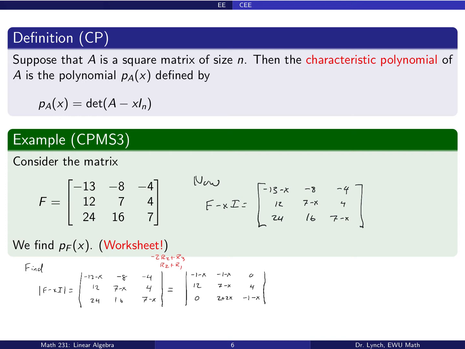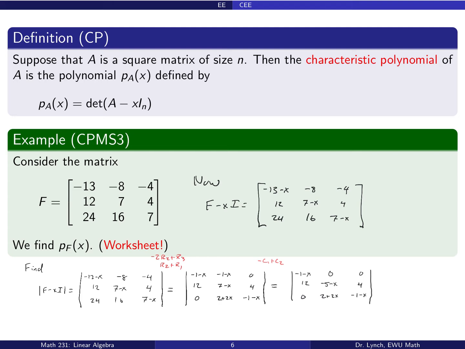Now, once we do that, we can introduce one more zero by taking negative column 1 plus column 2. So we've now introduced almost a row of zeros across the top, and we should be able to find that the characteristic polynomial, the determinant of F minus xI, simplifies pretty quickly in this case.